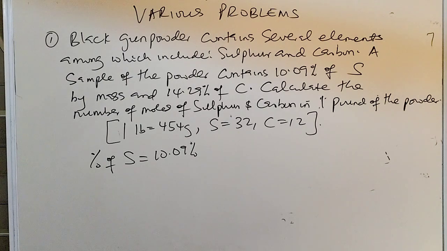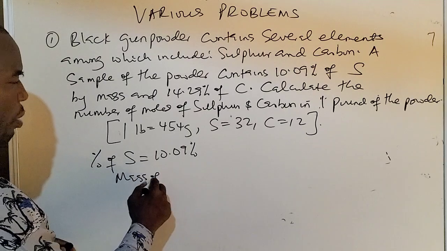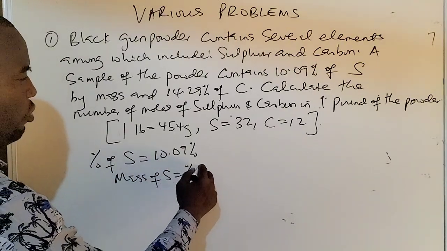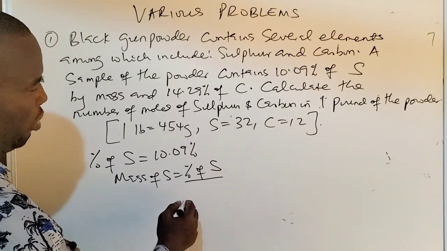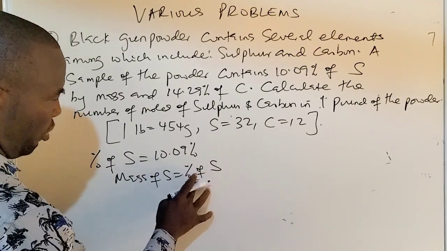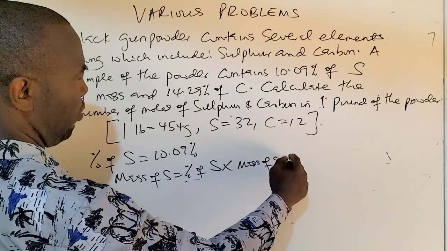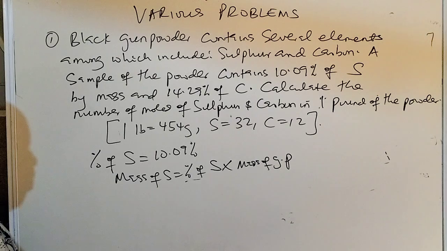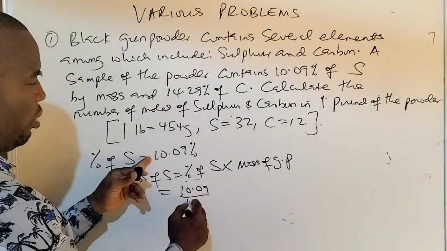To find the mass of sulfur, mass of sulfur becomes percentage of sulfur over 100 times mass of powder, the gunpowder. So the sulfur percentage is 10.09 over 100.